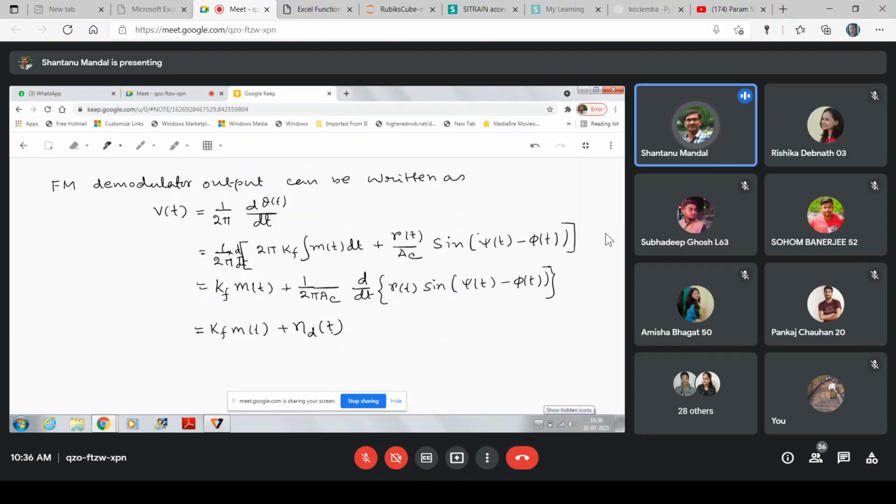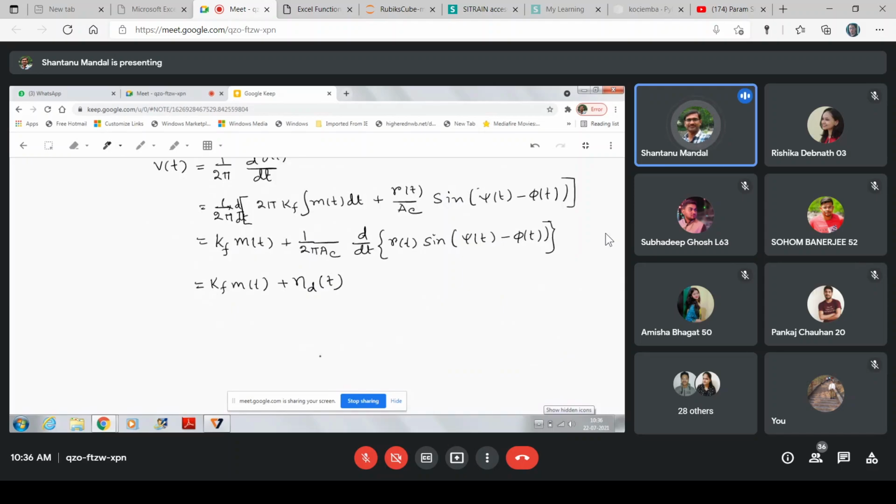Now here actually the psi t is uniformly distributed. Here n d(t) equals 1 by 2 pi AC into d/dt of R(t) sine of psi t minus phi t. Thus, we can provide the carrier to noise.